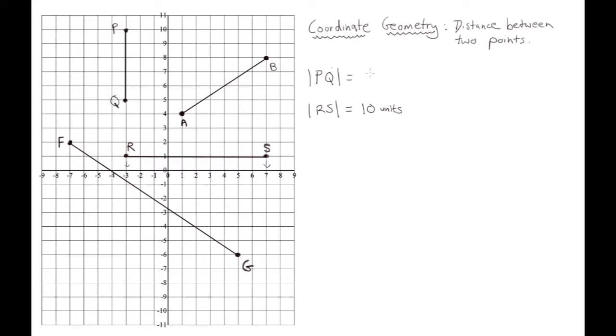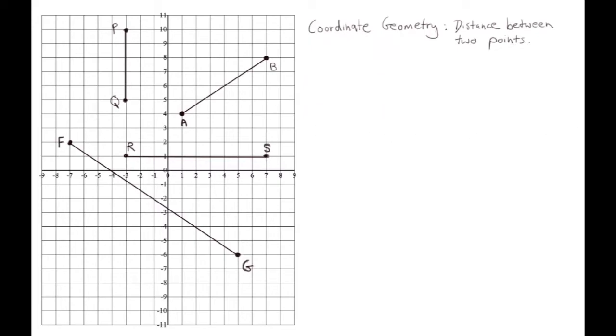The distance between 5 and 10 is 5 units. So you can see here 1, 2, 3, 4, 5. So the length of the line PQ is 5 units, or the distance between P and Q, same thing, is 5 units. So that is a horizontal line and a vertical line.